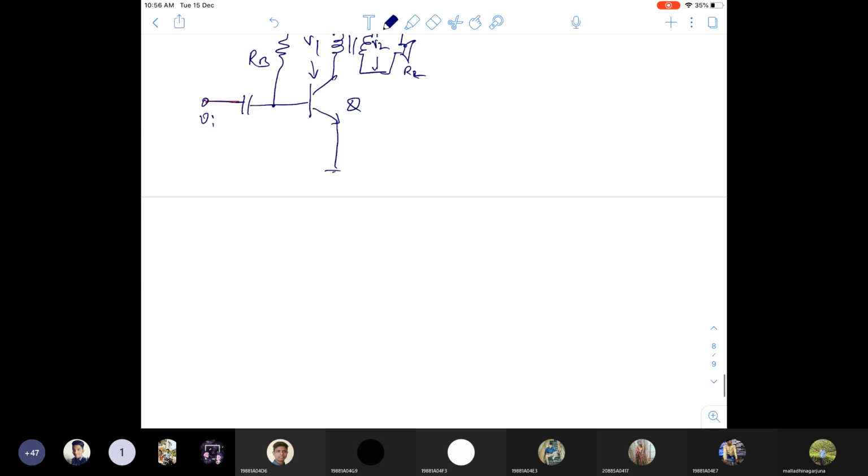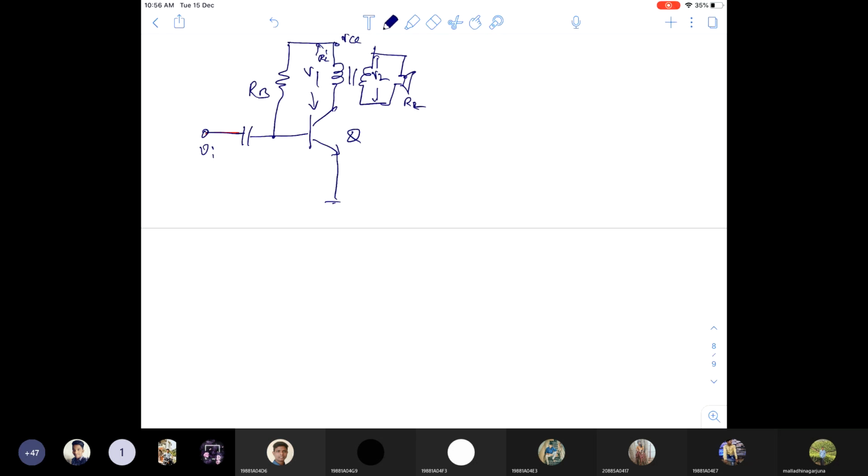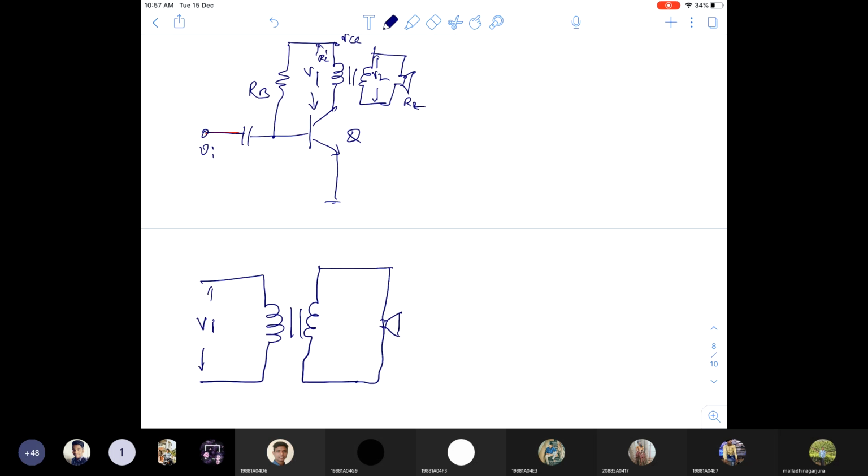So I will draw the same circuit. Okay, transformer. So this is V1. This is V2.